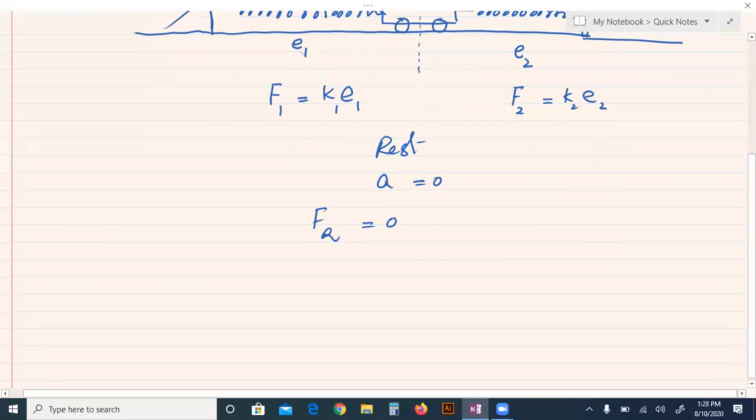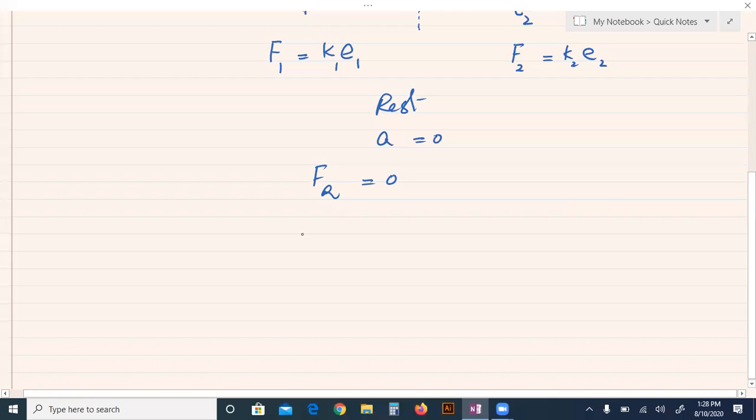Both forces are equal in magnitude and opposite in direction, so we can write K1 E1 = K2 E2.